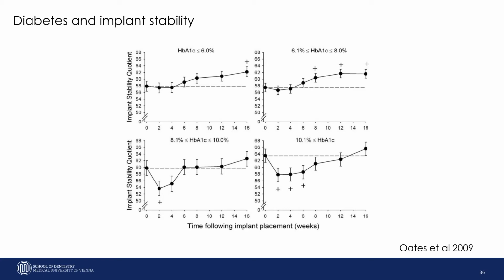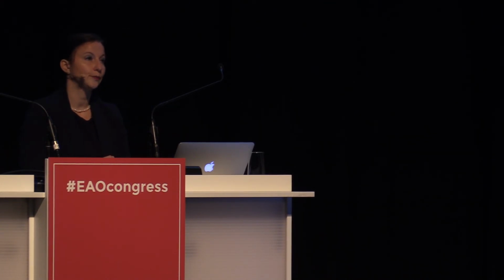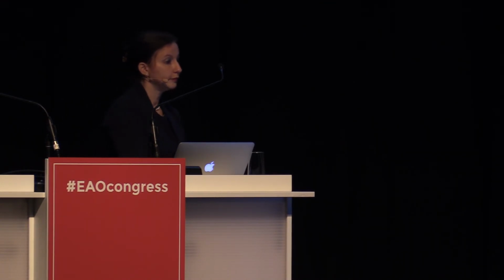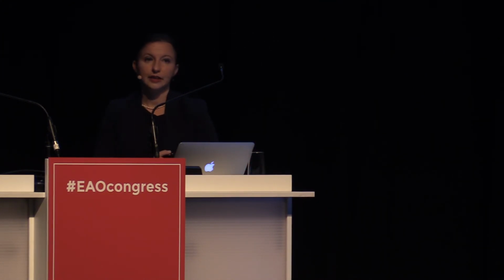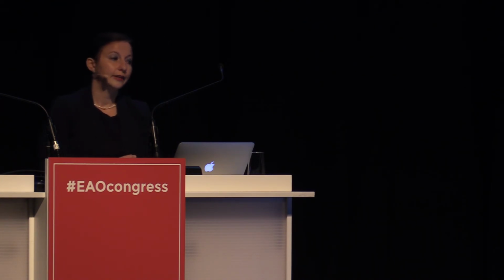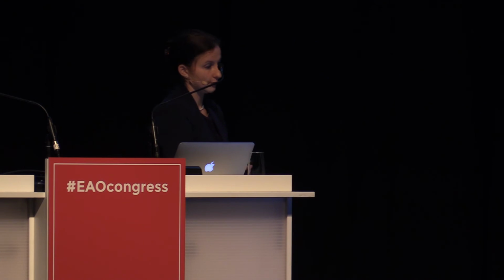And you see that the stability dip is very severe at the very beginning. So what we can learn from this graph is that diabetes has a negative impact on implant healing, and that we should really think about this in our loading protocols.